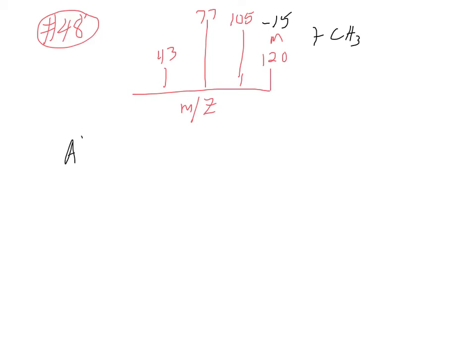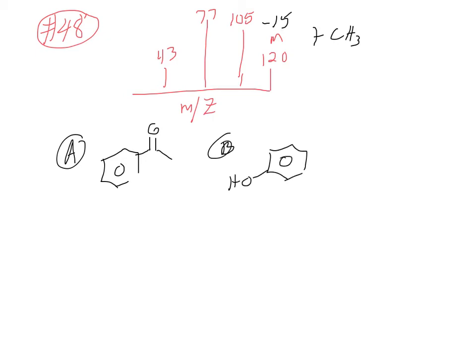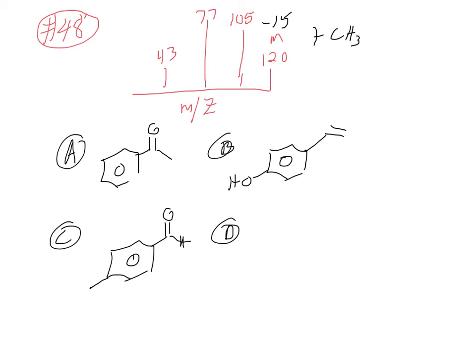If I draw these out quick, there's A. Here's B, C, and D. So if I show you A, B, C, and D, which of these has a methyl group that you think is easy? Which even has a methyl group that could be lost?